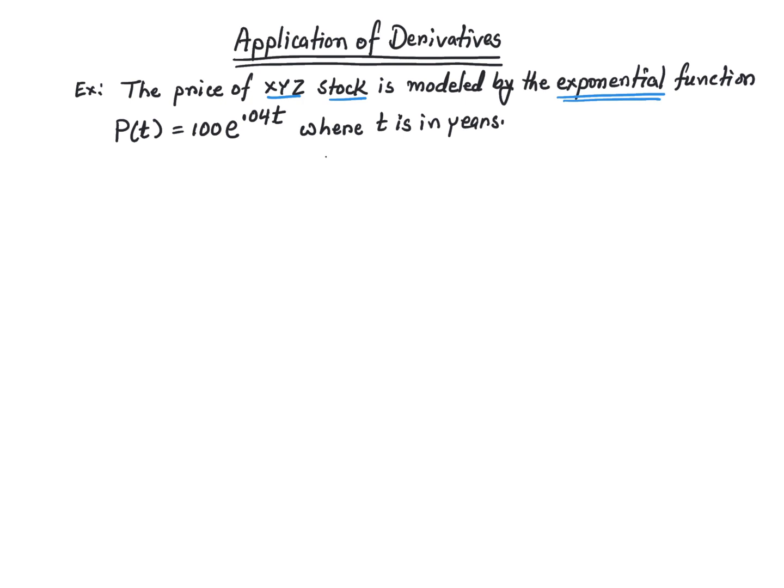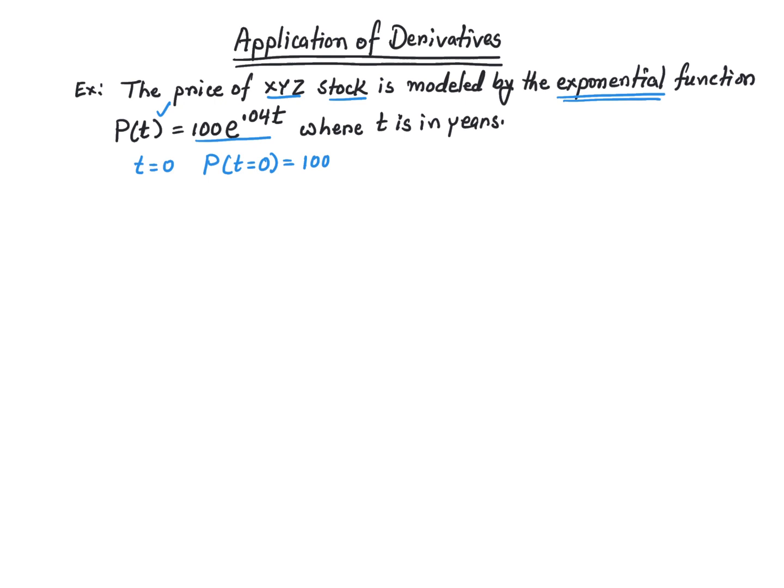So this function is P of t, price of the stock as a function of t, time in years, given by 100 times e to the power 0.04 t. Just to explain this function a bit, when t is equal to 0, that means right now, what is the price of the stock?